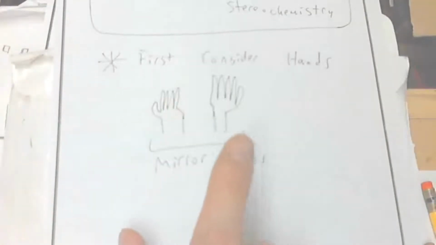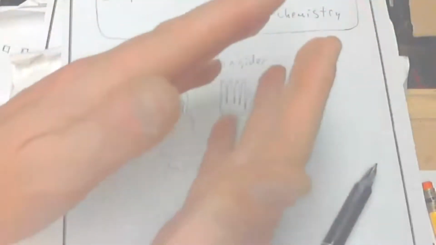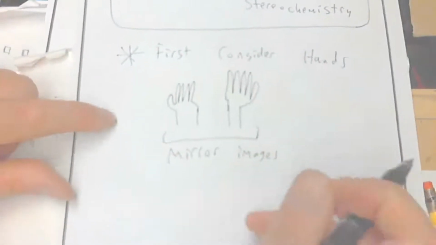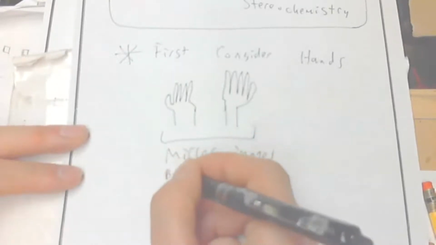But your hands are also mirror images, but non-superimposable. If I superimpose my two mirror image hands, they're different. If I put my hands together and try to superimpose them, it doesn't work. Molecules will also have that possibility of being mirror images but non-superimposable.